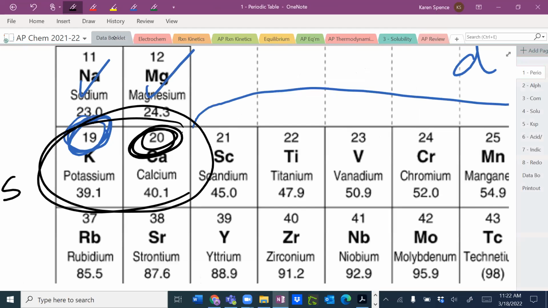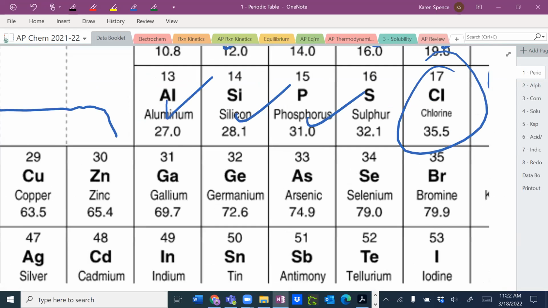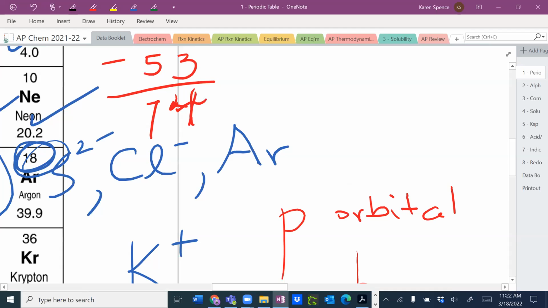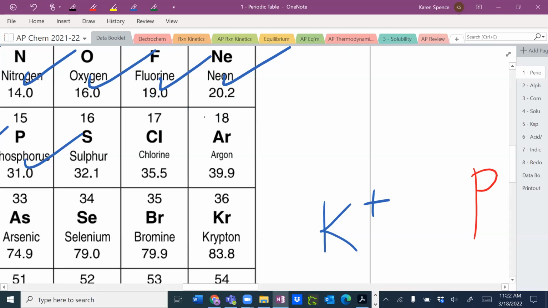Argon should be to the right of chlorine. I know I've done this for years, I should know that. Yes, there it is. Argon is to the right of chlorine, so it's got 18 protons pulling in as opposed to chlorine, which only has 17. And they also have the same number of shells. So there we are. Okay. Number.